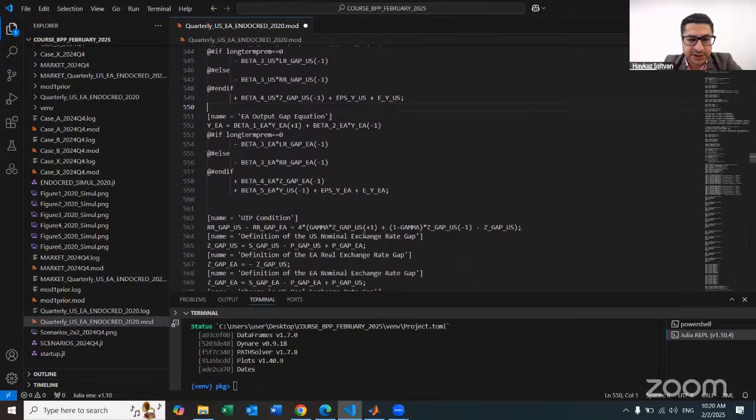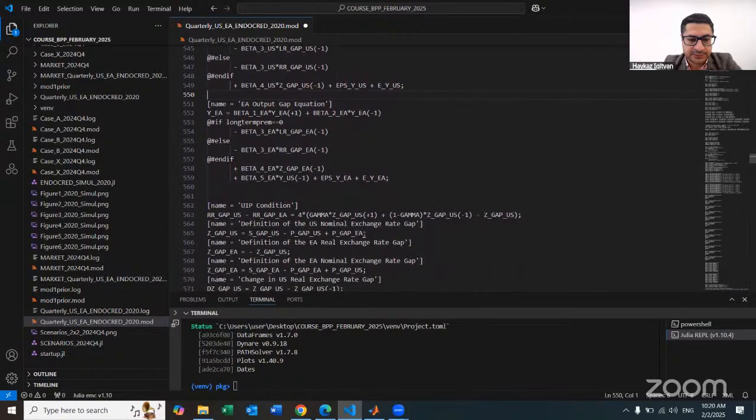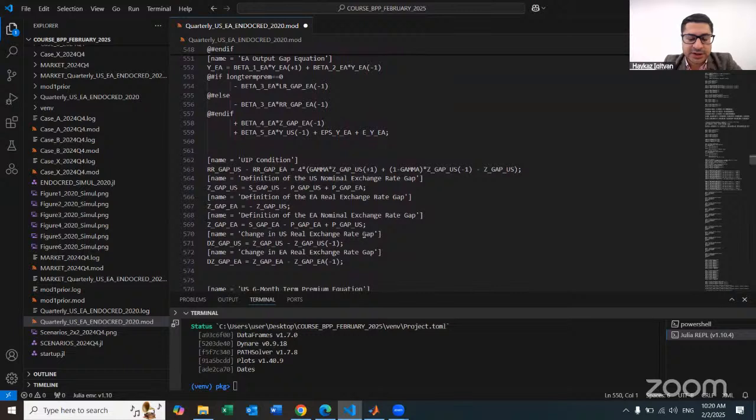But then let's move on. Because this model is a two-country model, and there is some flow of financial resources between countries, we have this UIP condition.